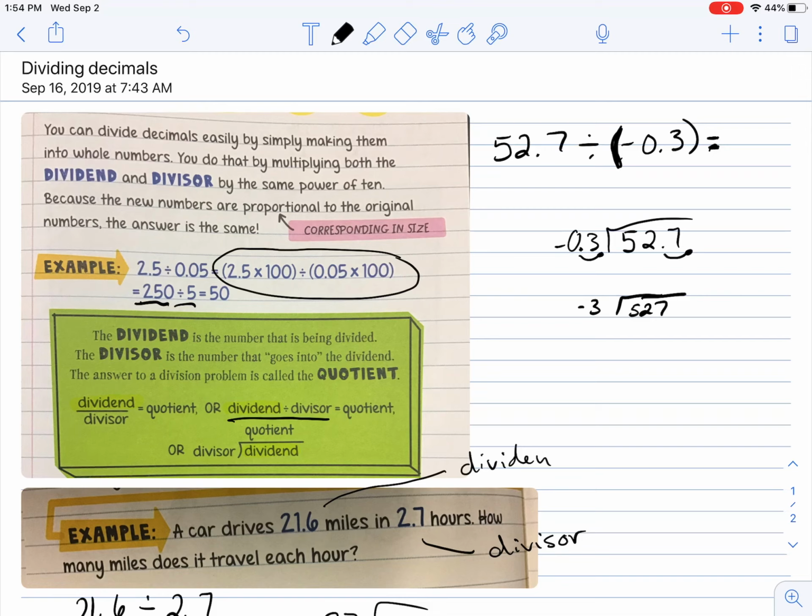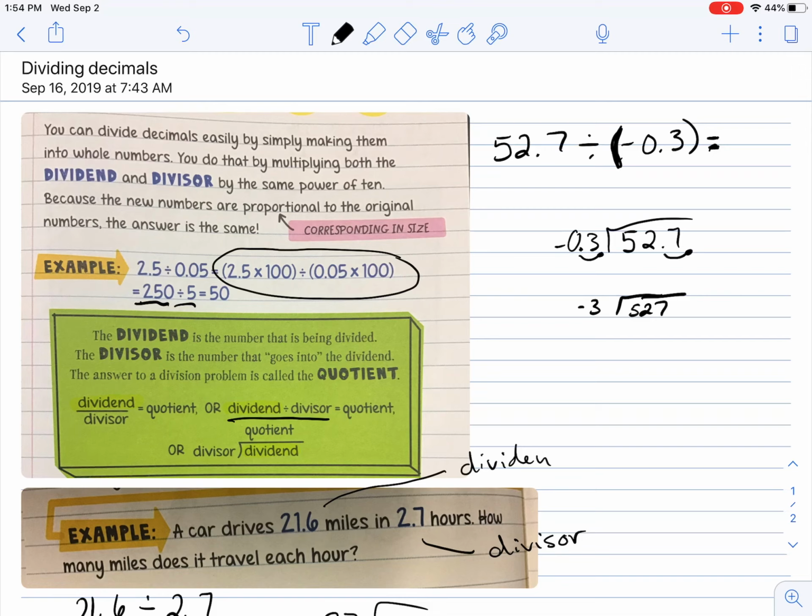When you do it under the bracket, it's going to look like this. The divisor goes in front, and the dividend, or the number that's being divided, goes under the bracket. Once we have this set up, we want to make sure the divisor is a whole number, so we move the decimal over until we get a whole number.